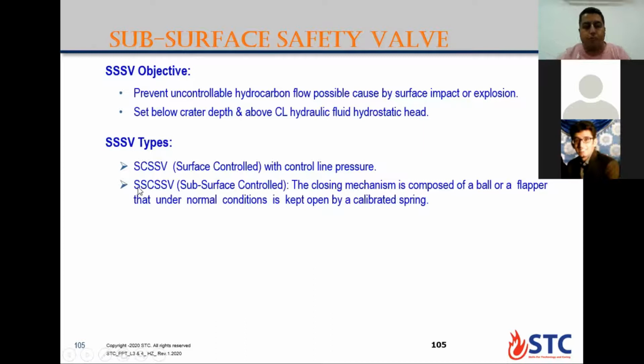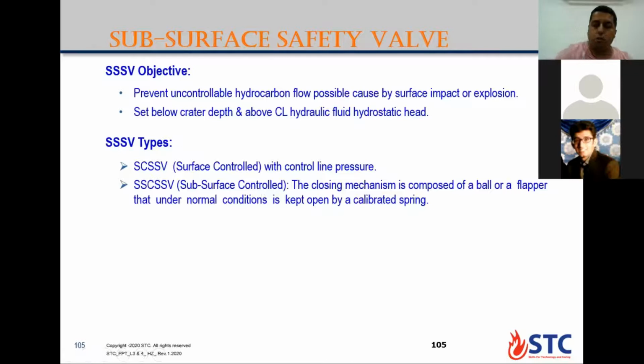Most of the subsurface-controlled subsurface safety valves are wireline retrievable valves. They can be replaced by running slickline to retrieve and replace the valve, because this one depends on the condition of the well.